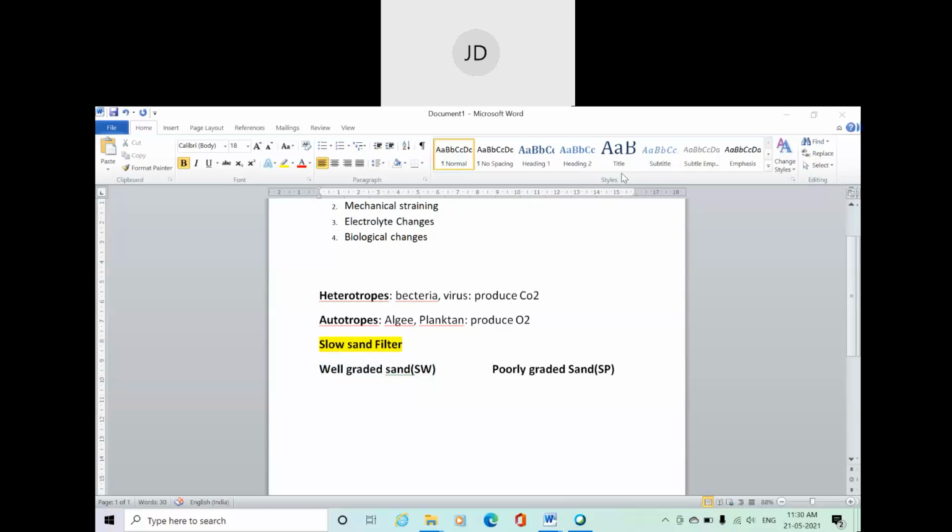I already gave the hint that the slow sand filter uses biological changes for treating water. That means a biological film, or a layer of impurity, must be created at the top layer of the sand. To create this layer of impurities, which is called a biological film, you need sand which contains fewer voids. Now, between these two types of sand, which has lesser voids?